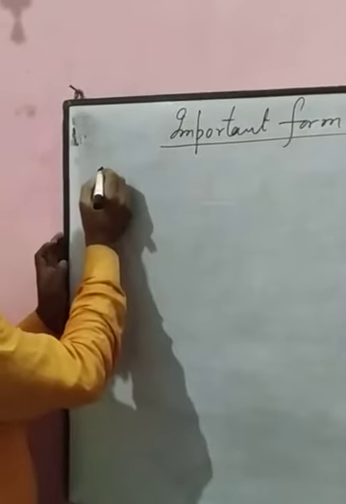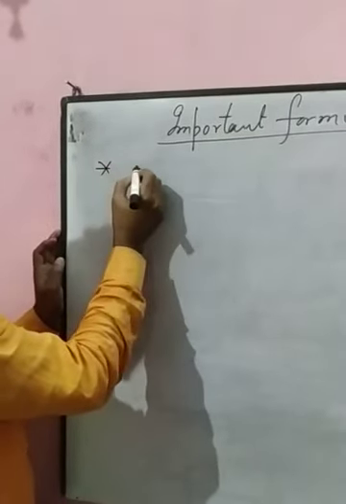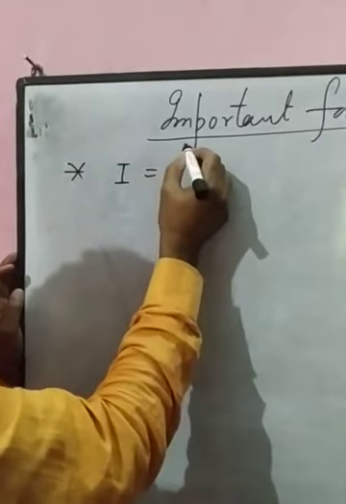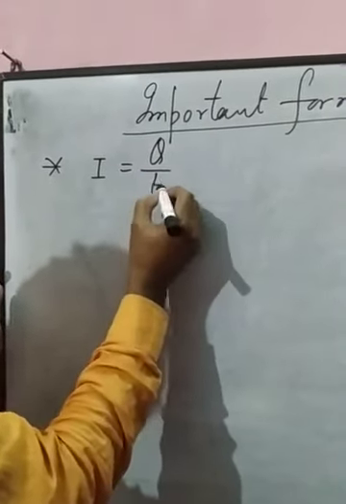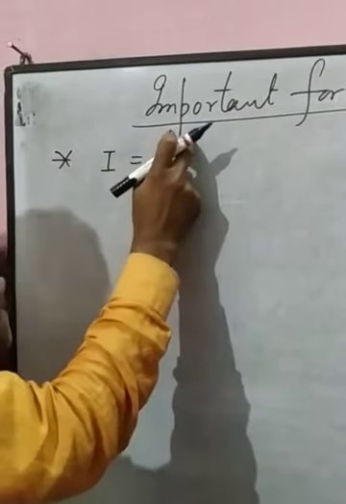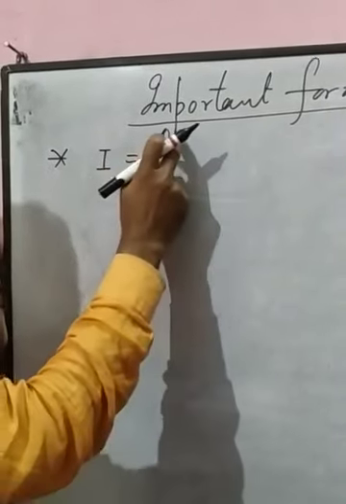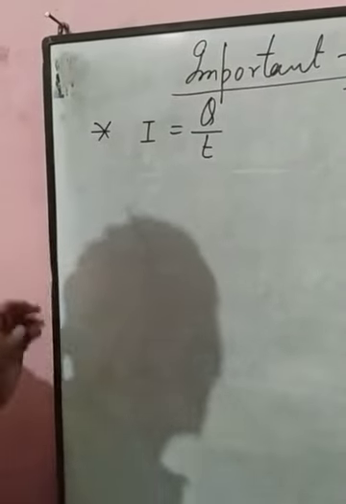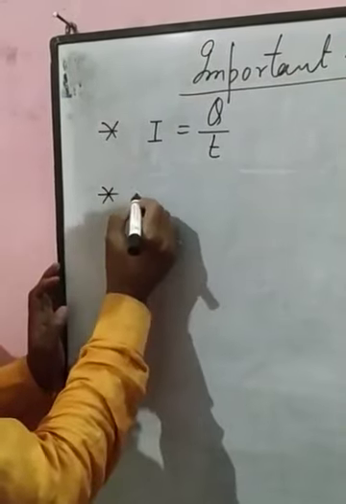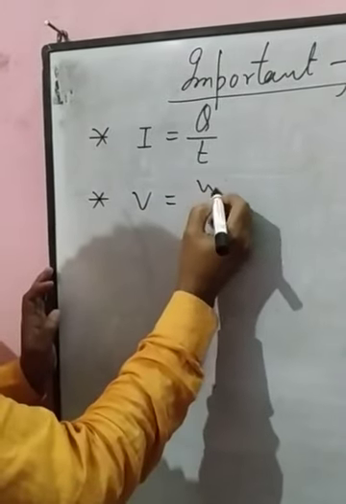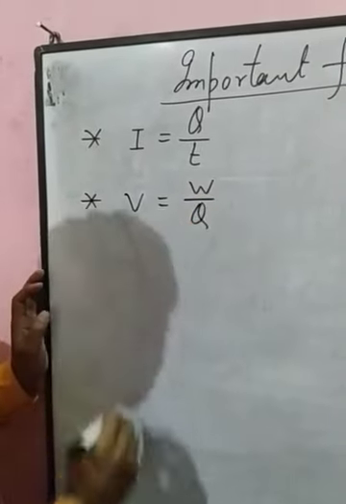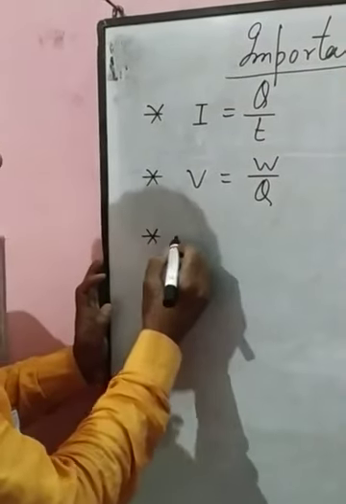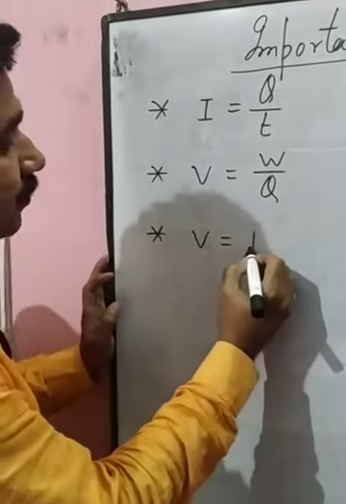The first formula is I is equal to Q by T. Second one is V is equal to W by Q. Third one is V is equal to IR.